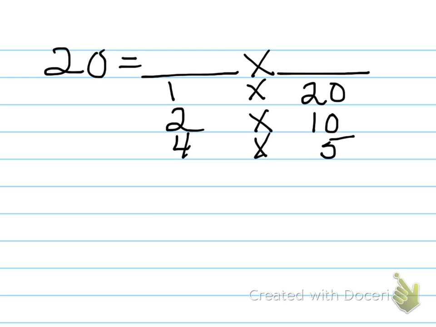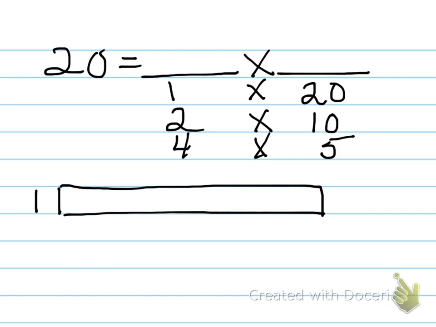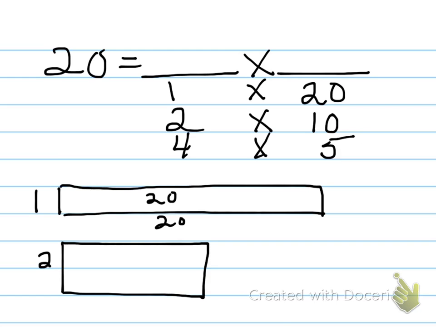Let's go ahead and draw the model now for the factor pairs of 20. Our first factor pair is 1 times 20. So I'm going to make a nice long lean box. 1 times 20 equals 20. My next box is going to be 2. I'm going to make my box about half that length because 10 is half of 20. 2 times 10 equals 20.